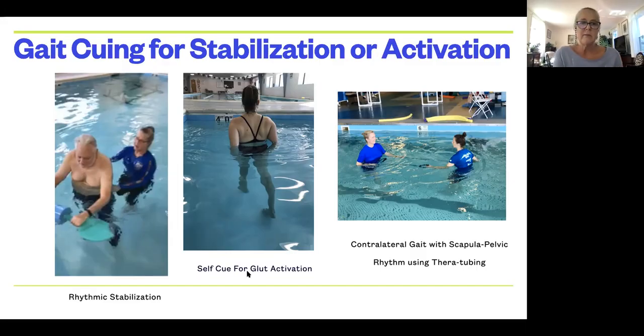With the rhythmic stabilization, when the person is walking, as the leading leg goes forward, the flexion leg, the one that's up and moving, my hand is on the front of the pelvis, just above where the leg meets the torso.